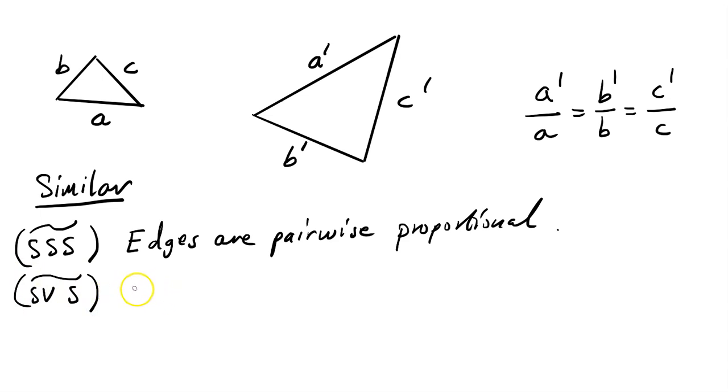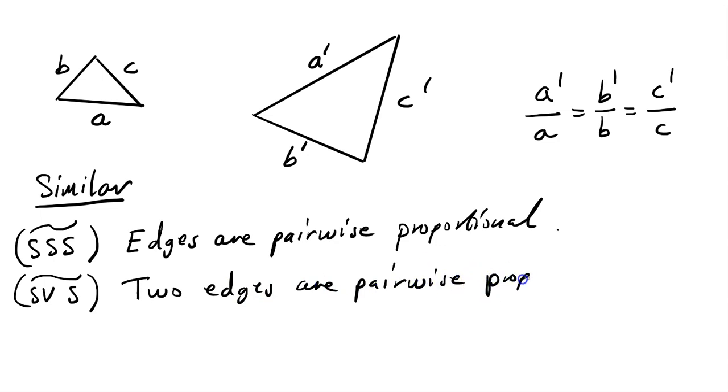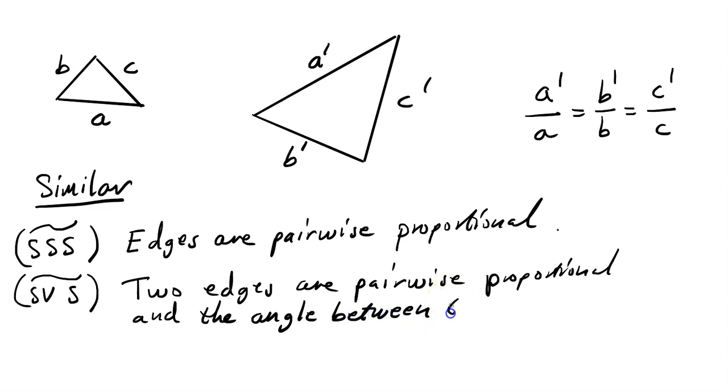The second one is that two edges are pairwise proportional, and the angle between them is the same.